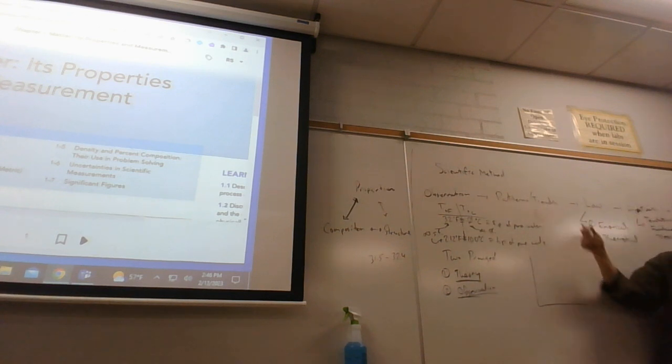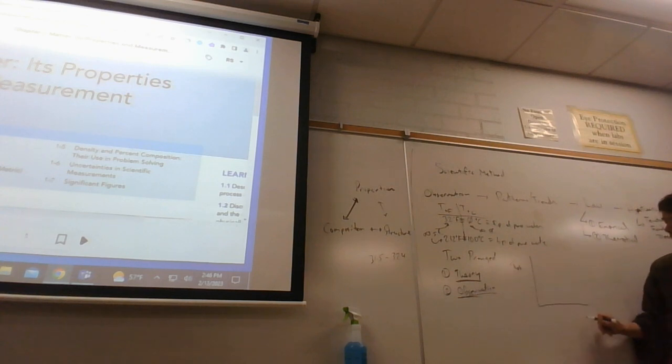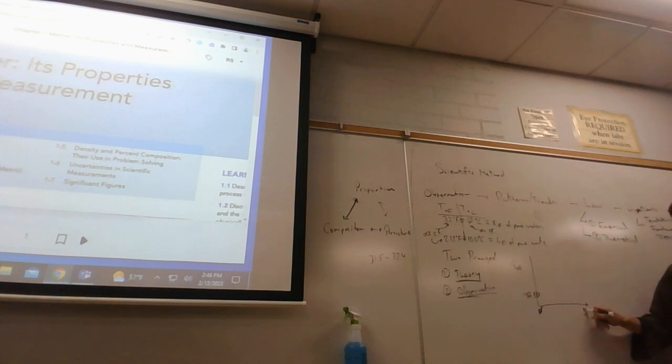Then when we look for patterns, we typically graph things. So if I graph the temperature in degrees Fahrenheit on the y and temperature in degrees Celsius on the x. If I'm at 0 degrees Celsius, I'm at 32 degrees Fahrenheit. And if I'm at 100 degrees Celsius, I'm at 212 degrees Fahrenheit.